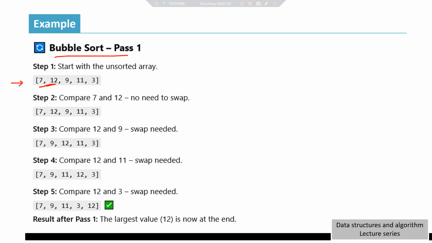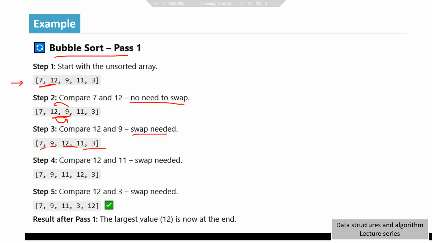Since they are in correct order, there is no need to swap. Then step 3, compare the next two elements. Since 12 is greater than 9, a swap is needed. After the swap we have 7, 9, 12 and the remaining two as they are.